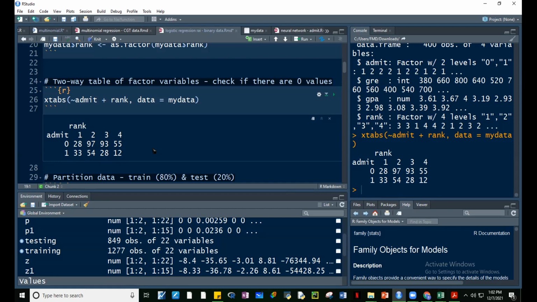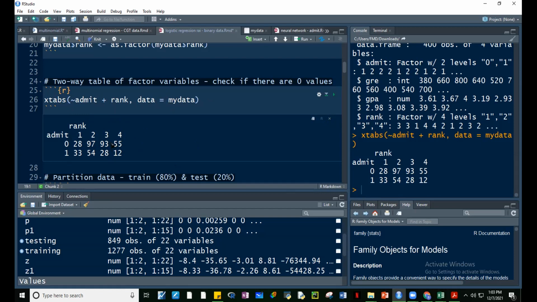So we can see that indeed, it seems as if the rank has a say in determining whether a student will be accepted or not, based on the percentage. Okay, is this clear, guys, on cross-tabulation at all? So we just used the function xtabs and then tilde, admit plus rank, and then data is equal to my data. All right, so I think this is self-explanatory.